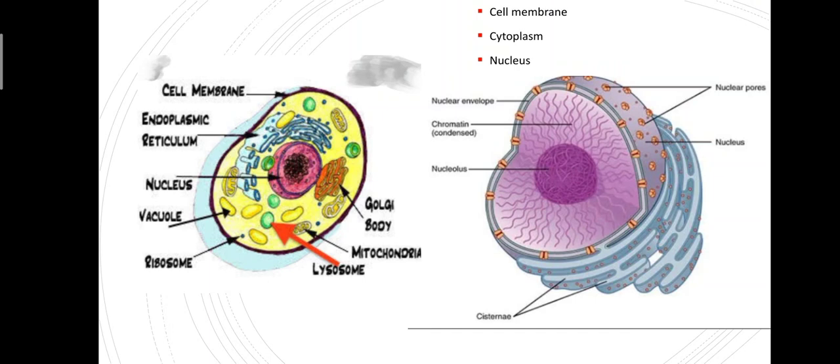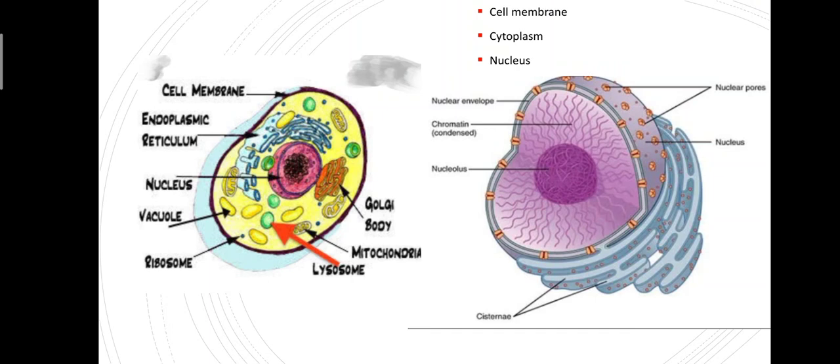If we talk about the general structure of a cell, or the parts of the cell, a typical cell consists of three parts: cell membrane, cytoplasm and nucleus.